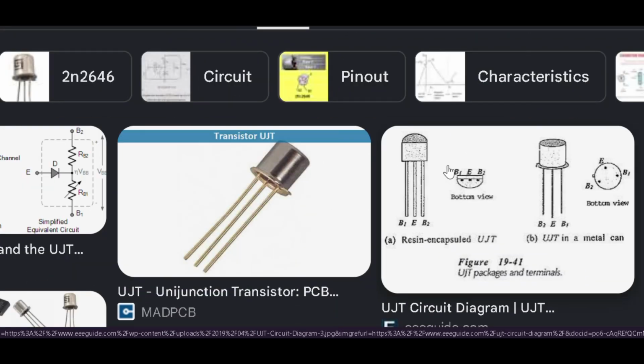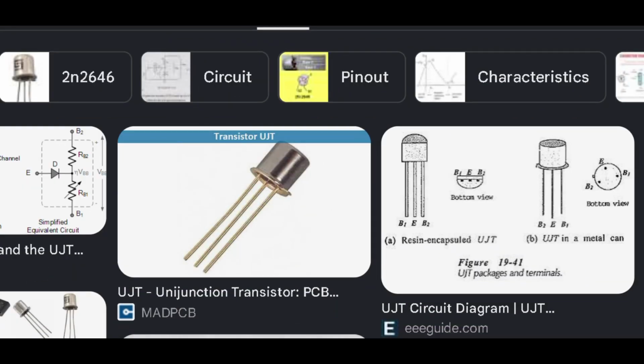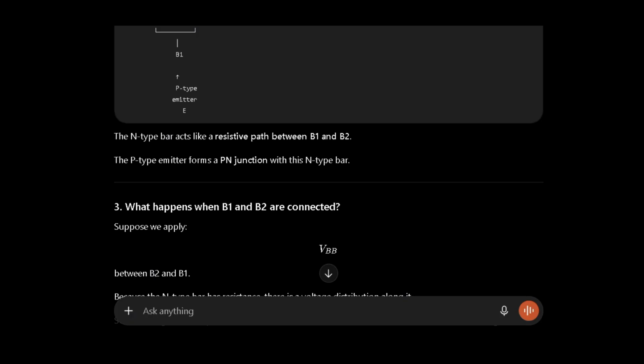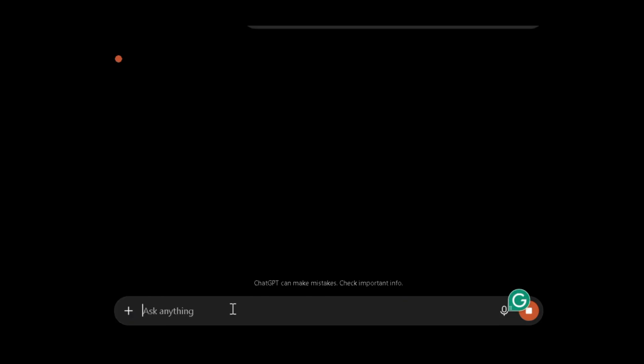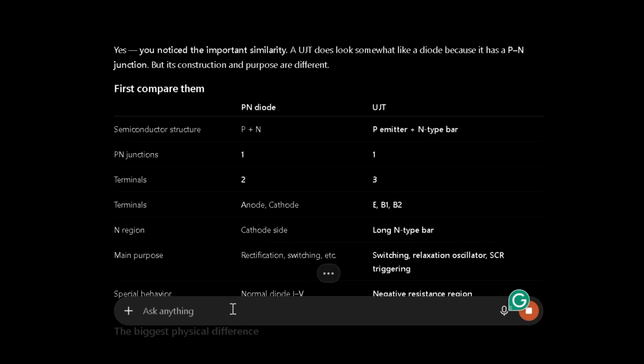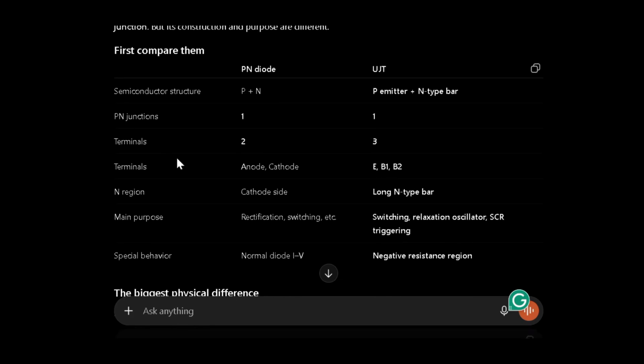We call it an n bar because it is much longer than a normal n region, and that n bar acts as a channel. So: p-type semiconductor is the generic material, p-type emitter is the p-type region functioning as emitter, n-type semiconductor is the generic material, and the n-type bar is the long n-type region connecting B1 and B2.